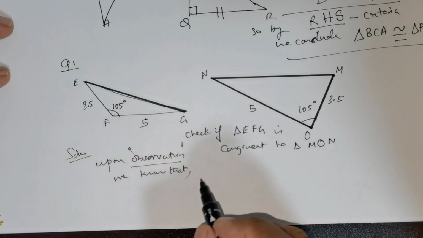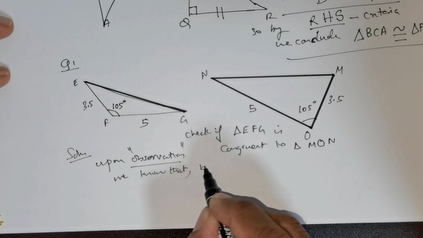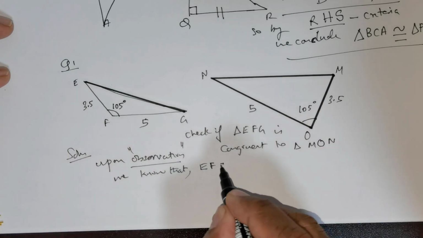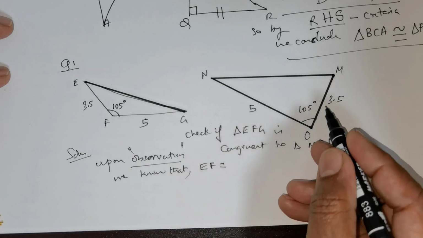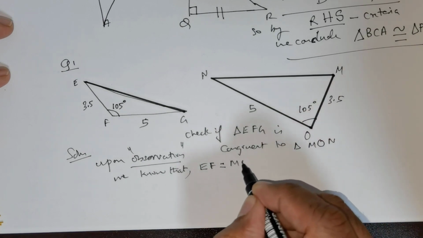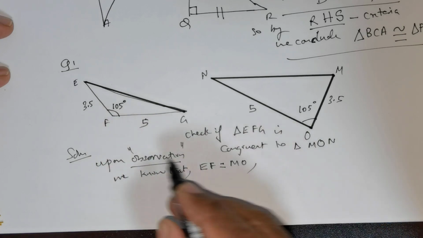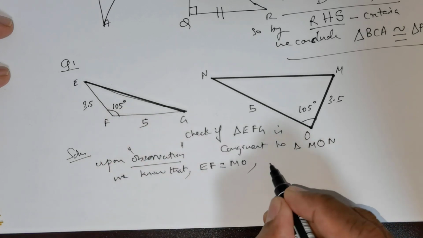So clearly we see that EF 3.5 is equal to, you have a 3.5 here, MO, and then comma, what do you got here?